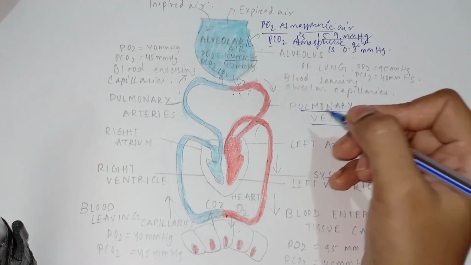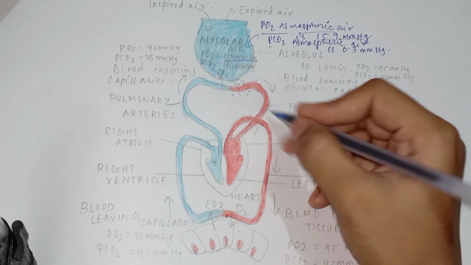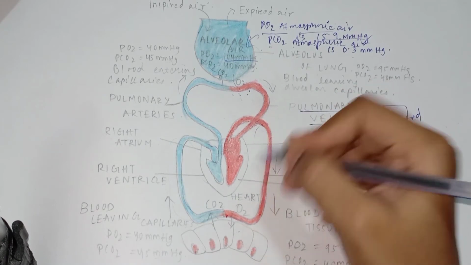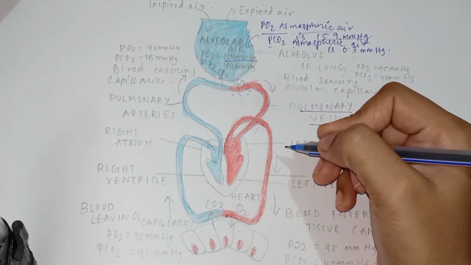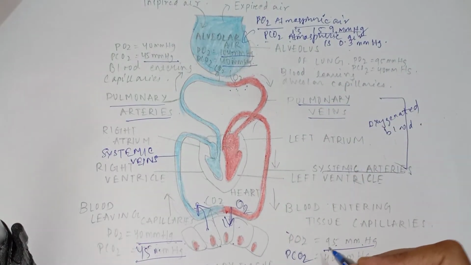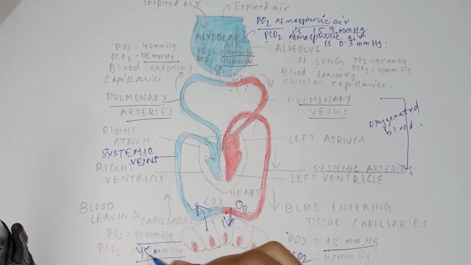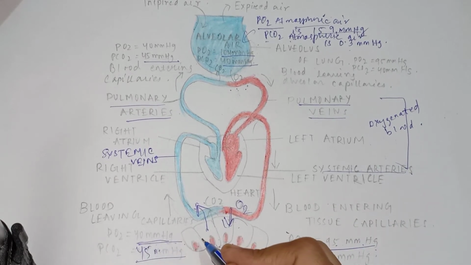The exchange of gases, which is O2 and CO2, between the tissue capillaries and tissue cells is called internal respiration. The partial pressure of O2 is higher, which is 95 mmHg, than that in body cells, which is 40 mmHg.